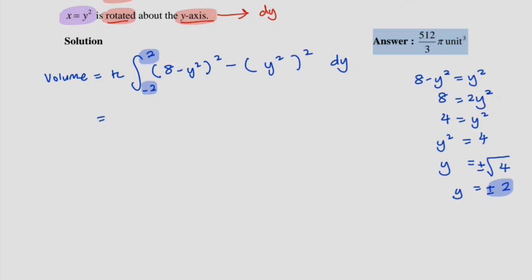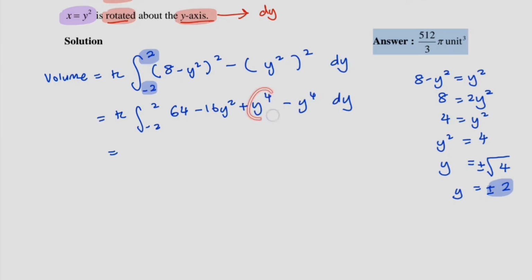Okay, and then to integrate this, you have to expand this 8 minus y squared first. Do not integrate yet. So 8 minus y squared, squared, is 8 squared, 64. 8 times negative 1 times 2, negative 16y squared, plus negative y squared times negative y squared is positive y power 4, minus y power 4 dy.